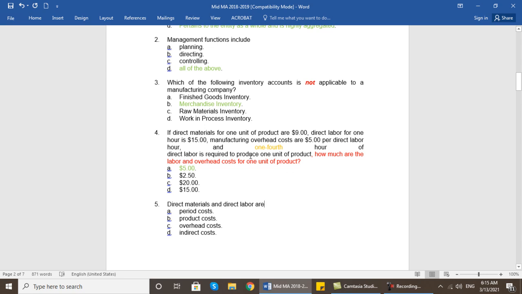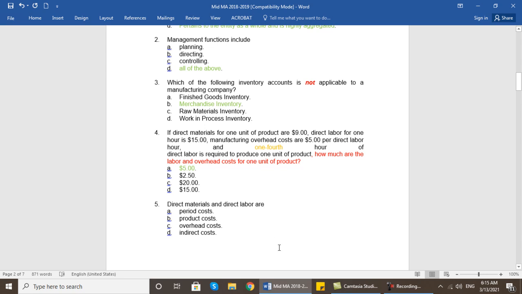So the cost to produce 1 unit, we divide 20 by 4 equal $5. Maybe calculate it another way: the total cost is $20 times one-fourth equal $5.